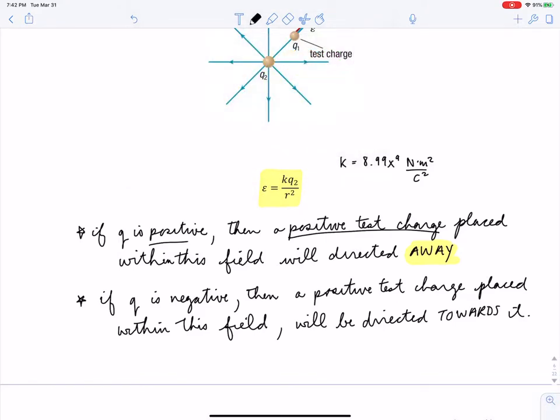This is the law of electrostatic repulsion, saying that like charges repel and opposite charges attract.